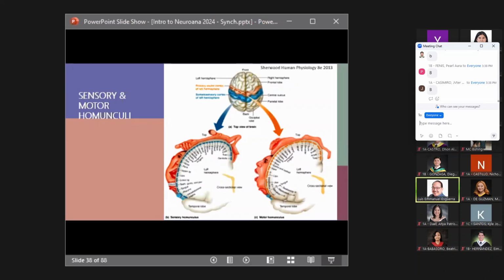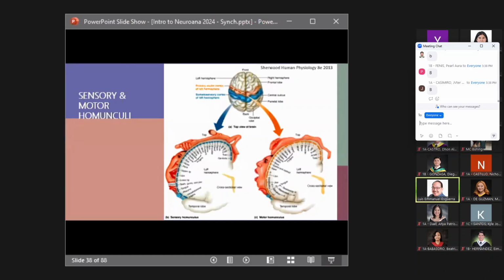Gyrus. It shows you how big the face is, how much sensation is represented for the particular parts of the face, especially the lips and the hands in that image. Then you look at the motor on the right side, the same thing: facial expression and the manipulation of your hands.